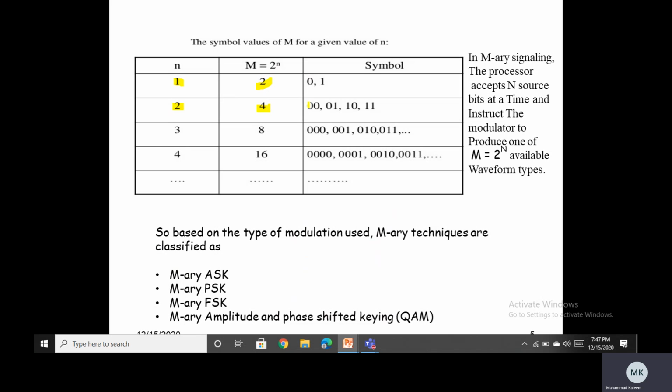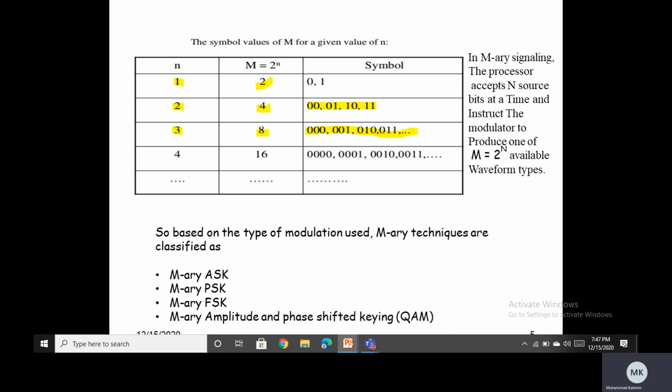So we have 4 different combinations. It means we have 4 symbols to represent the data, or 4 different waveforms. Similarly, if n is 3, then 2 raised to 3 is 8, and we will have 8 different combinations or 8 different symbols to represent our data.